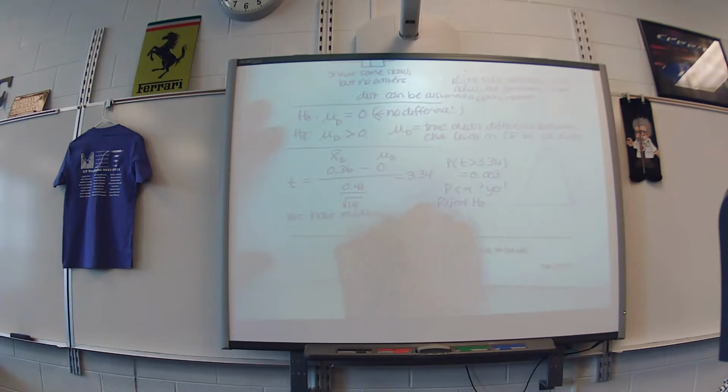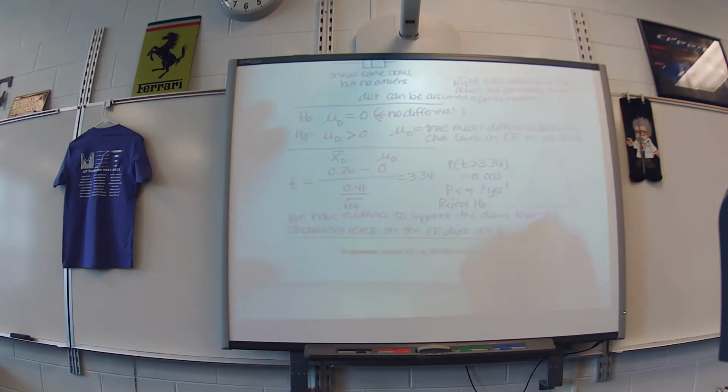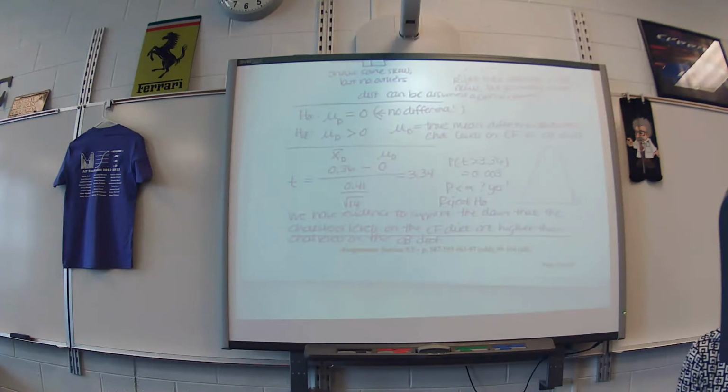We have evidence to support the claim that the cholesterol levels on the cornflake diet are higher than cholesterol levels on the oat bran diet. And again, evidence to support.